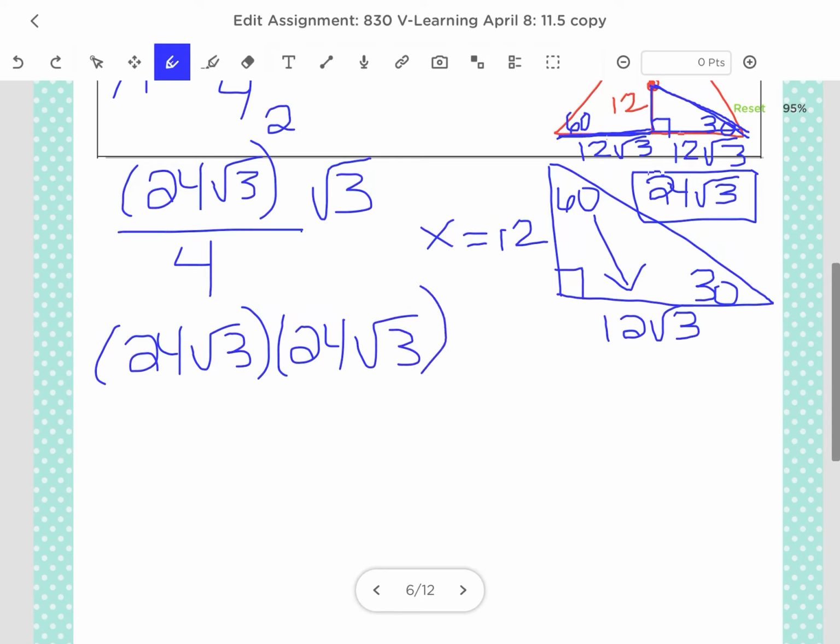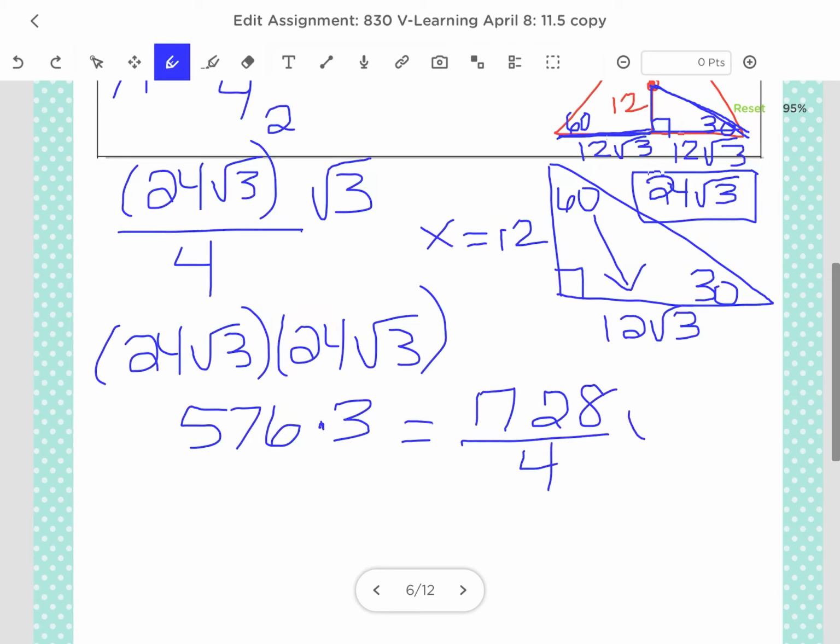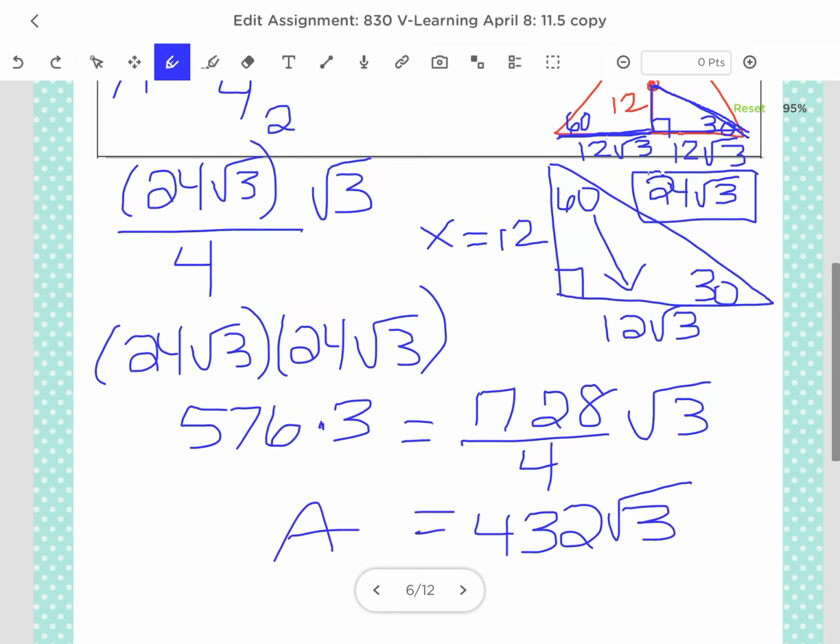So I actually have to calculate this, okay? We know 24 times 24 is 576. And root 3 times root 3 is 3. So 576 times 3 is equal to 1728 over 4 times root 3. Now, I'm going to simplify 1728 over 4 because it works out to be a whole number, which is 432 root 3. So this is my area.